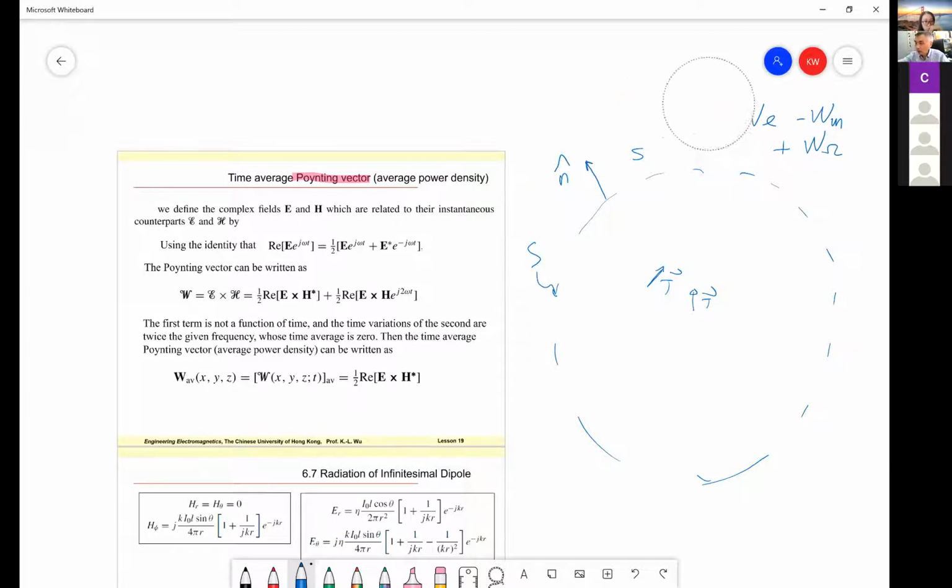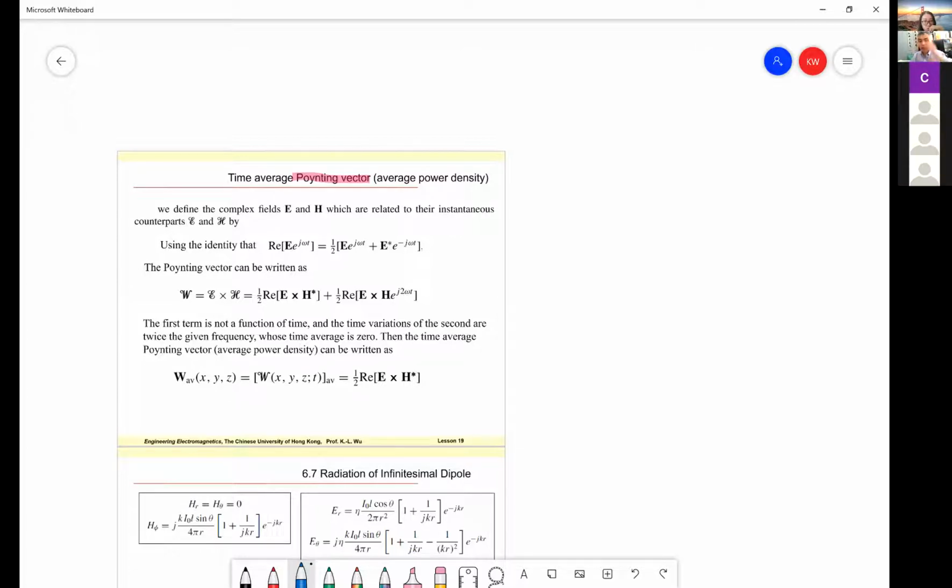Now let's discuss how to describe this Poynting vector, because the Poynting vector is so important. It stands for the power, the energy density, and the direction it goes for the electromagnetic field.